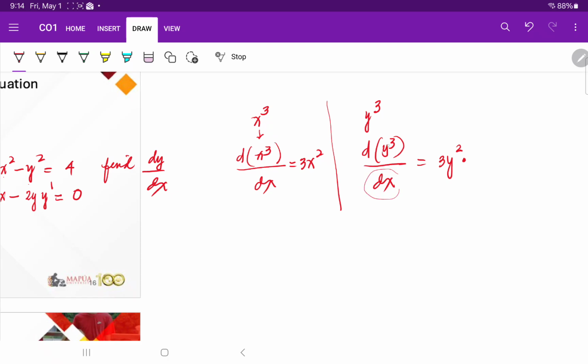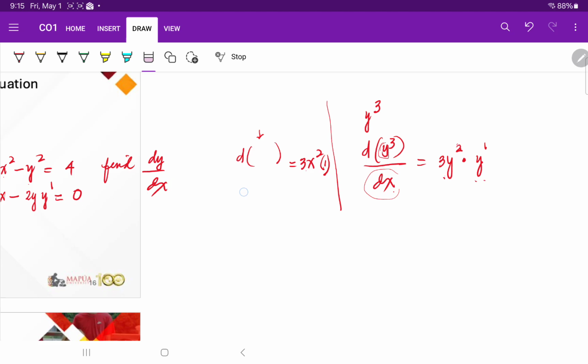Remember, this is not x but it is y. Right? So, 3y squared times y prime, or times what? dy dx. Here, it's 3x squared times the derivative of x, which is 1. But here, 3y squared times the derivative of y, which is y prime.